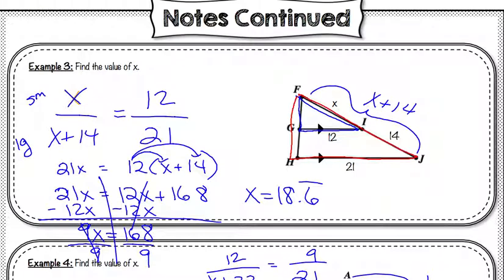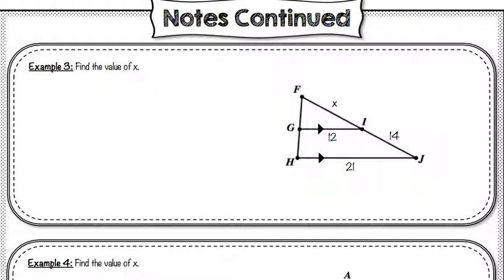Okay, let me erase this. So on this particular example, example 3, I see that the picture looks a little bit different. I do not have any numbers or variables over here on the left side of the figure. That means I can't use the triangle proportionality theorem for this one. I have to do this another way.